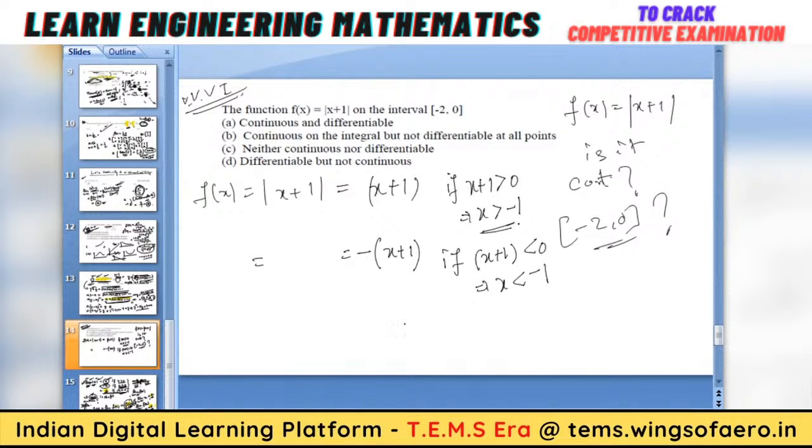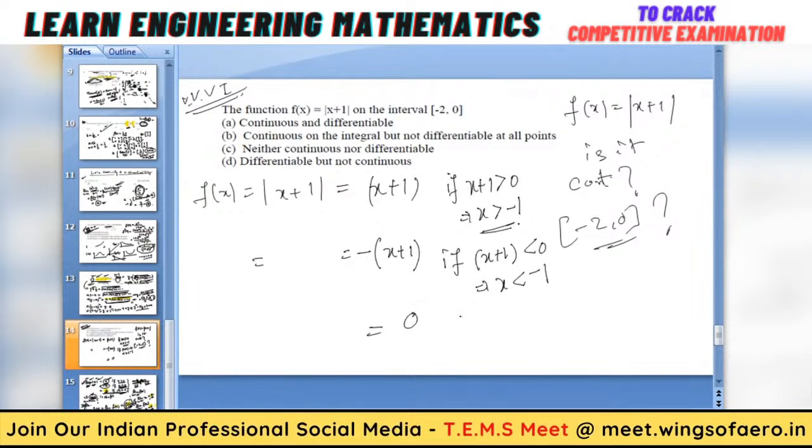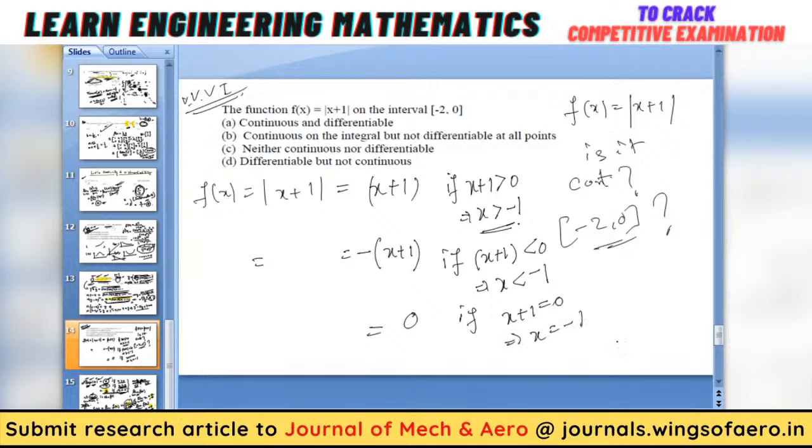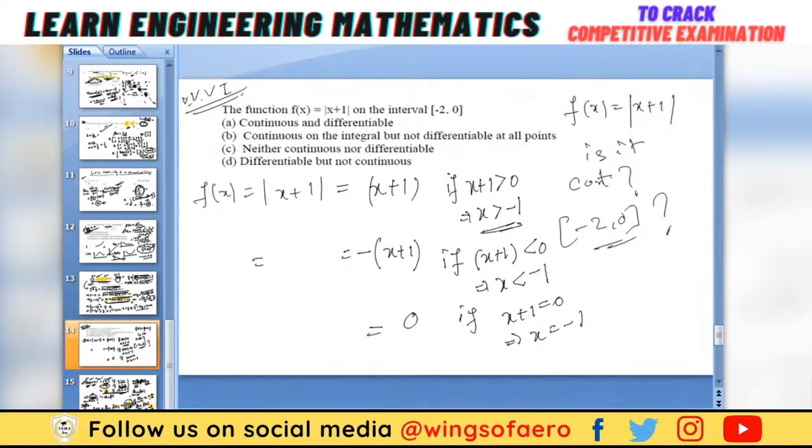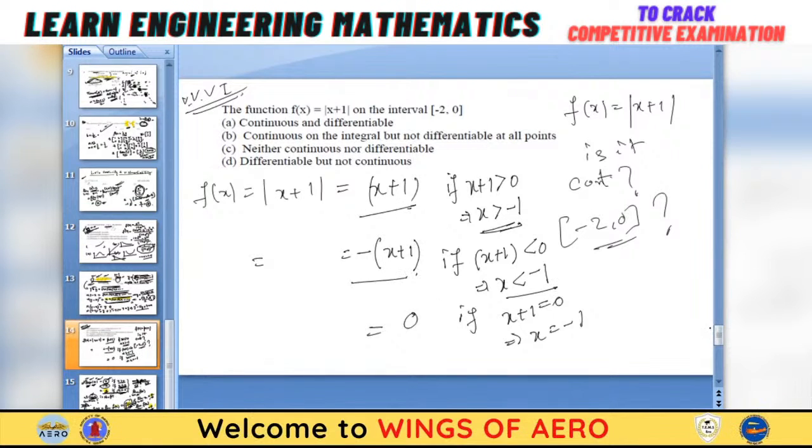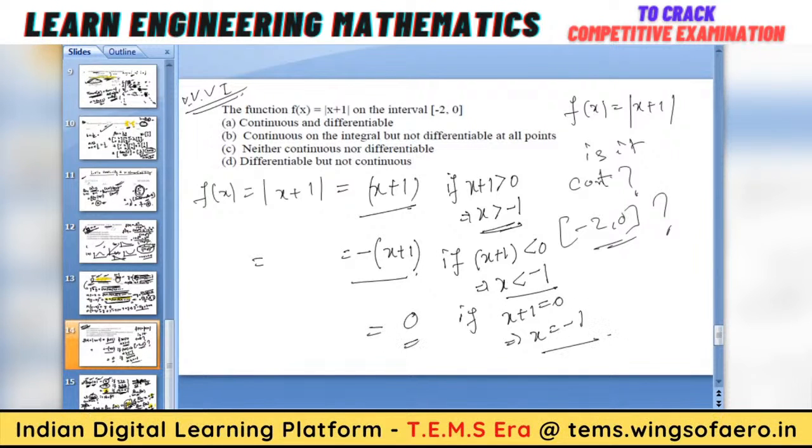And it is equal to 0 if x plus 1 is equal to 0, that is x equal to minus 1. So if x is greater than minus 1, the value is x plus 1. If it is less than minus 1, the value is minus of x plus 1. If x equal to minus 1, the value is 0. This is the definition of the function.